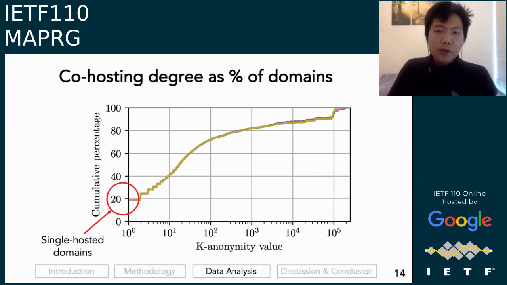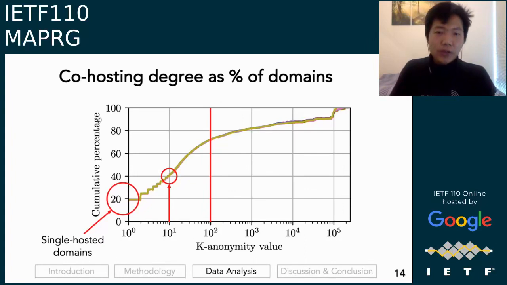However, there's around 40% here of co-hosted domains hosted with fewer than 10 domains. As we move toward the right-hand side, the co-hosting degree increases, and so does the privacy benefit. We assume that the co-hosting degree K needs to be greater than 100 to provide some meaningful privacy, because an adversary in this case can only correctly guess a domain being visited with a probability of less than 1%.